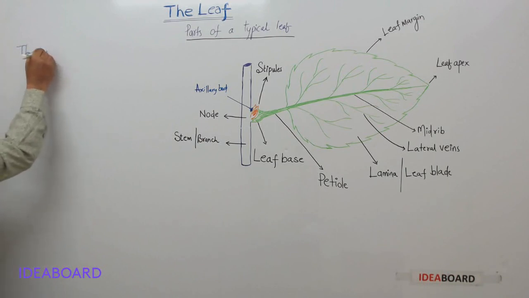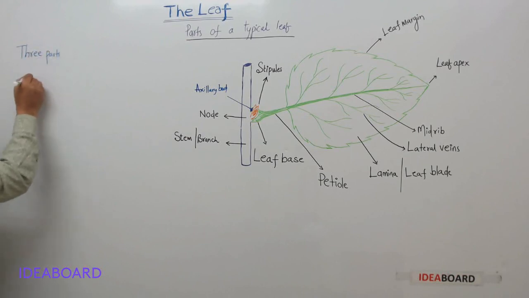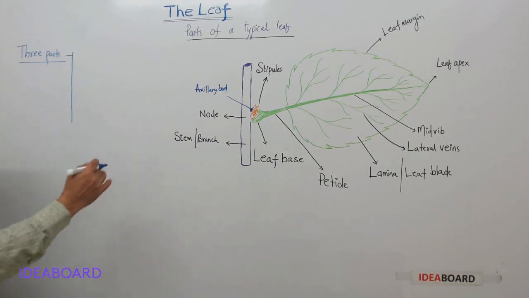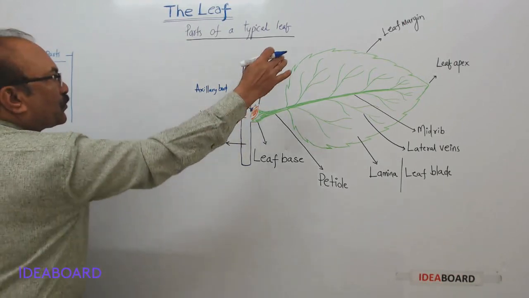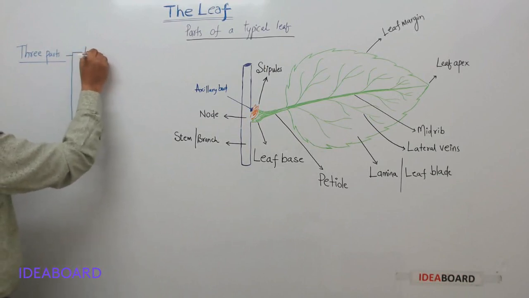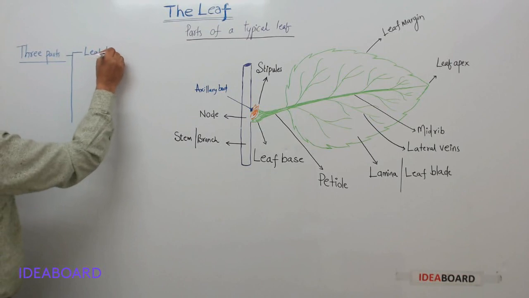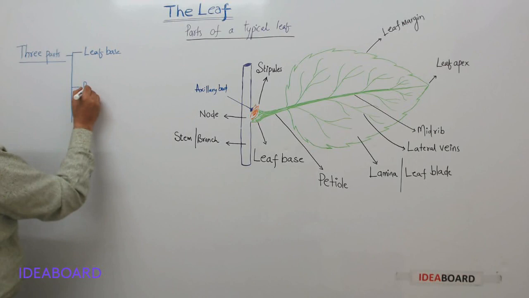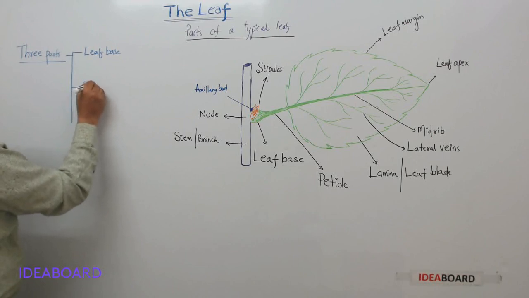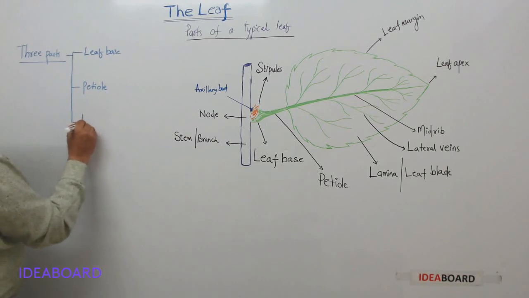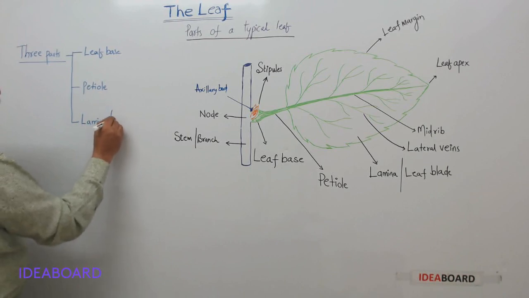They are, from base to the apex: leaf base, petiole, and lamina or leaf blade.